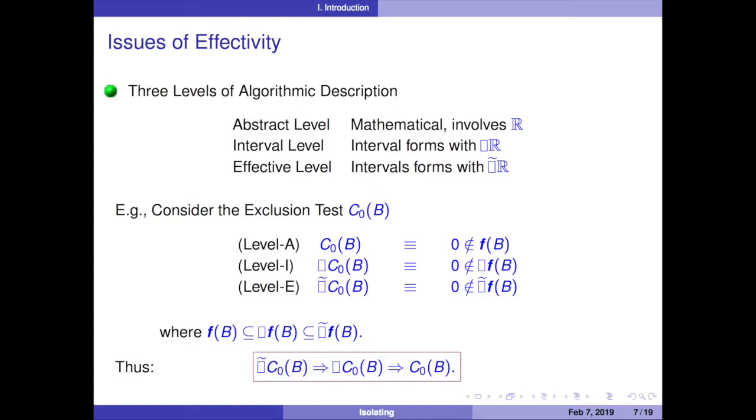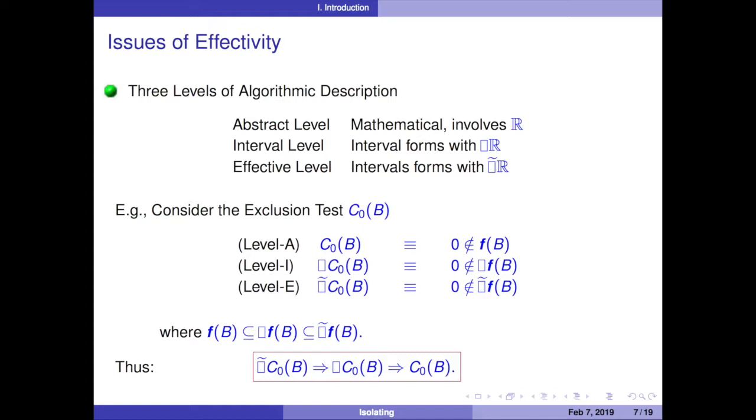So you come down to something a lot more concrete, but it's still not enough, because you still have intervals with real numbers as endpoints. What we want is intervals with endpoints which are dyadic numbers, big floats. Granted, from here to here is usually a small step, but it is still a step that you have to take if you implement. You have to know what to do. But in the subdivision framework, this step is actually not that hard.